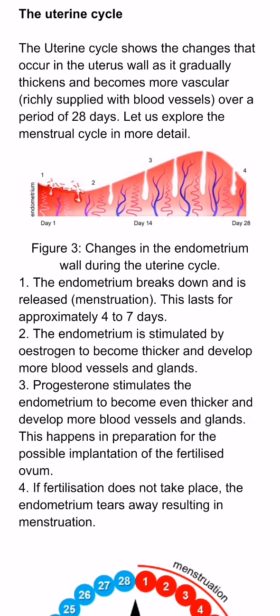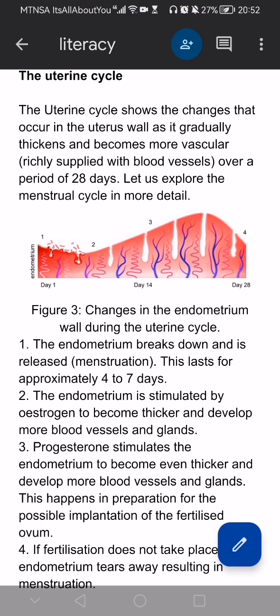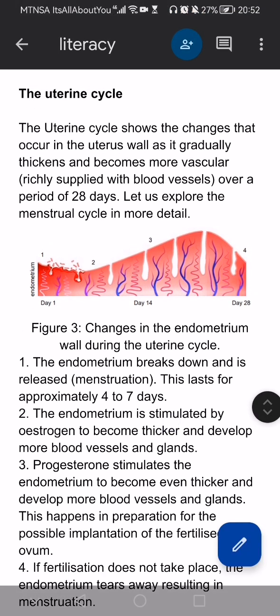So this one is important because ladies would know better, right? Every month they go through a process called menstruation. In menstruation, the exact thing that is happening is that the lining of the uterus, the uterus wall, which we call the endometrium, becomes thickened.